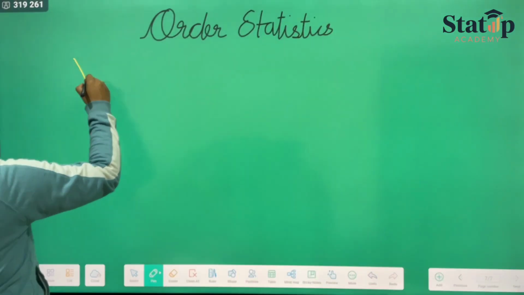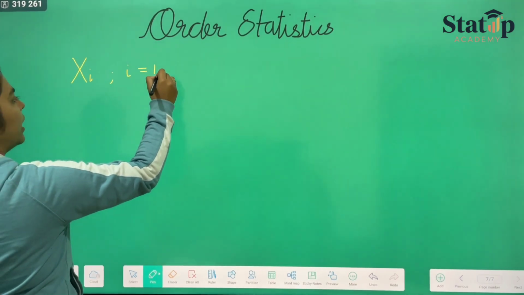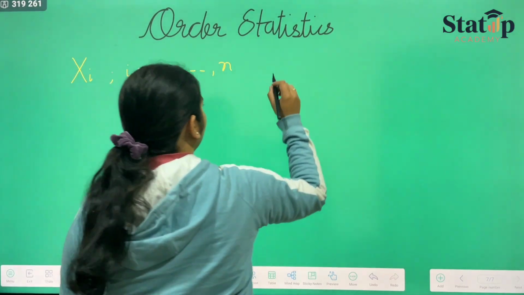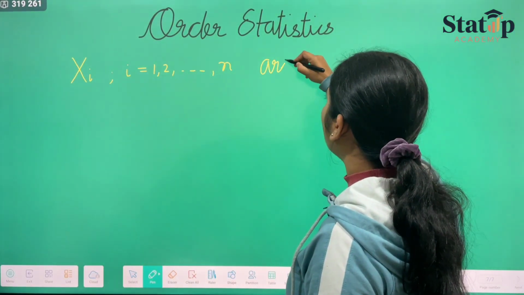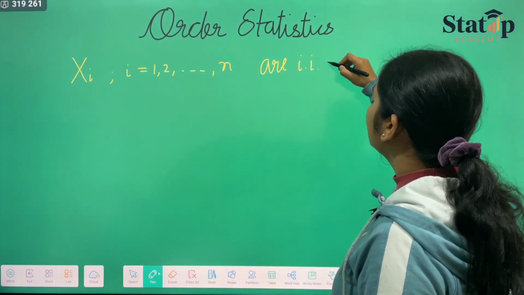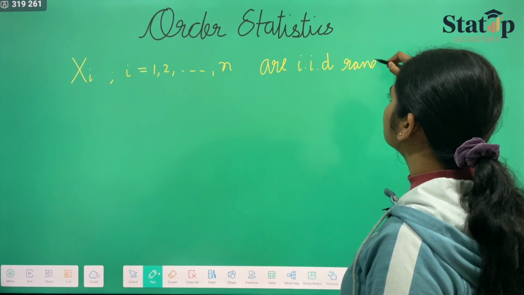Suppose we have random variables Xi where i goes from 1, 2 up till n, and all the Xi's are IID, identically and independently distributed random variables.